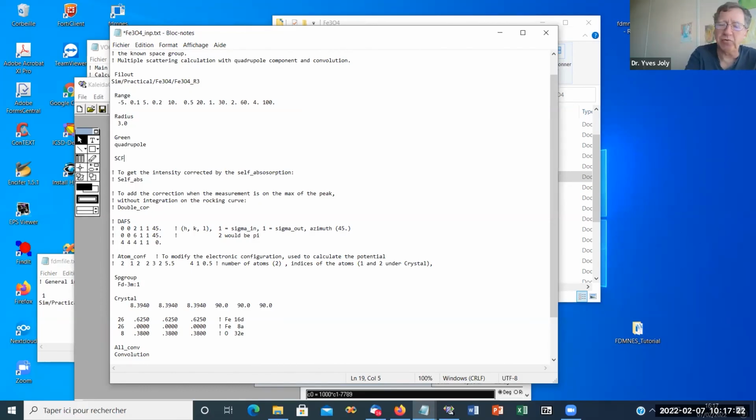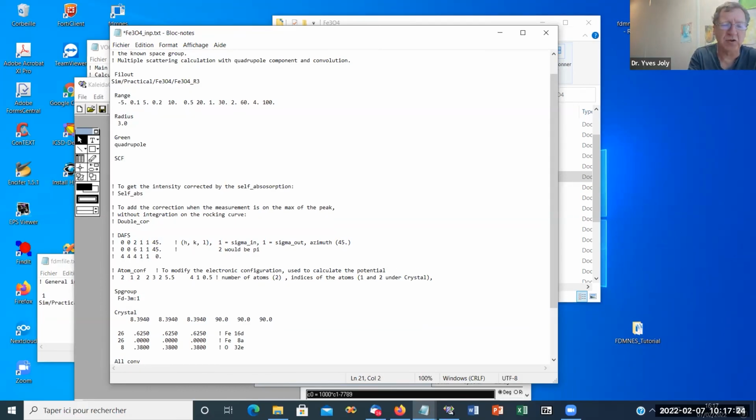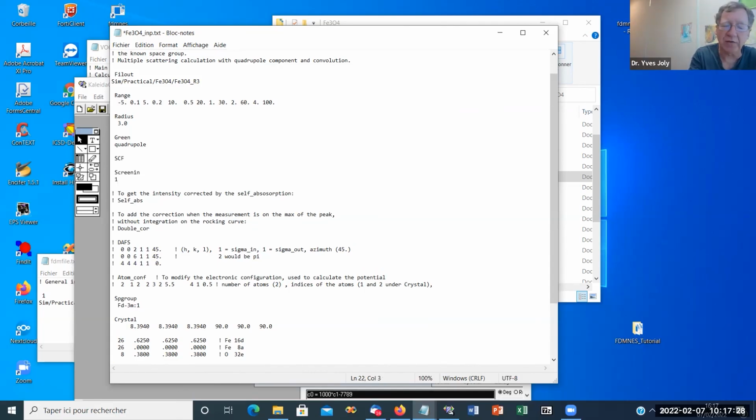So it's possible to decrease this screening. The keyword is screening. The default is 1, so if you do that, this doesn't change.